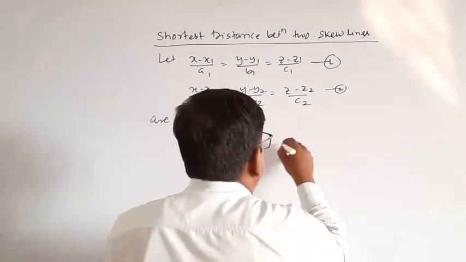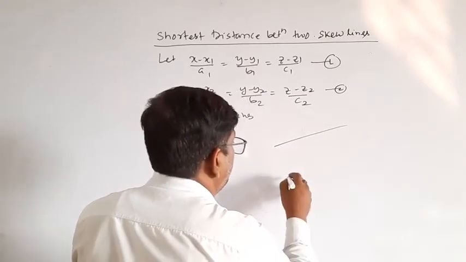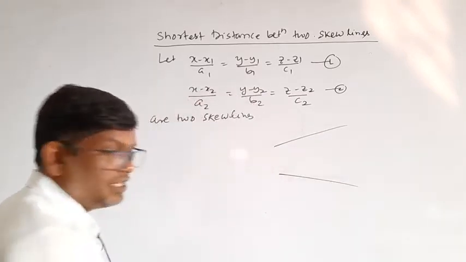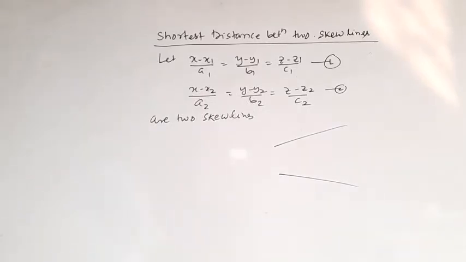Suppose this is one line and another line is in space. These are the skew lines.